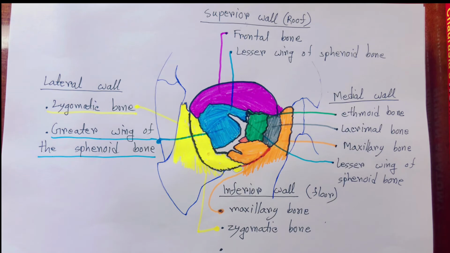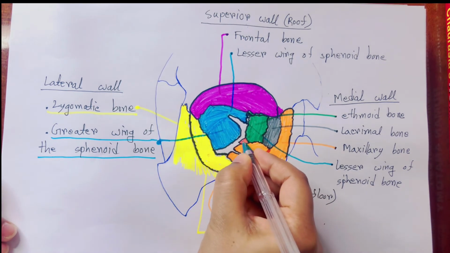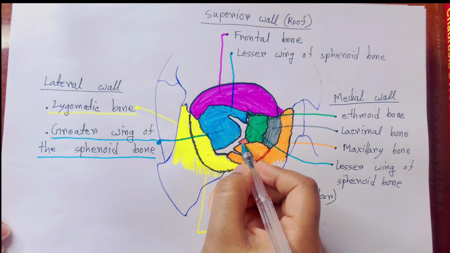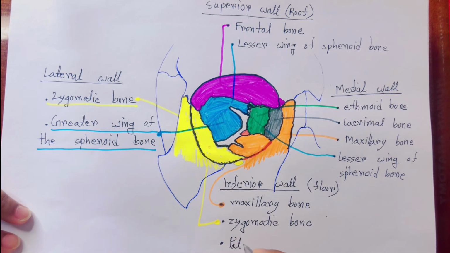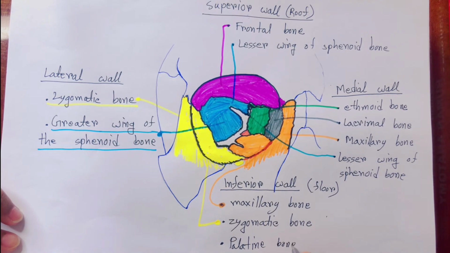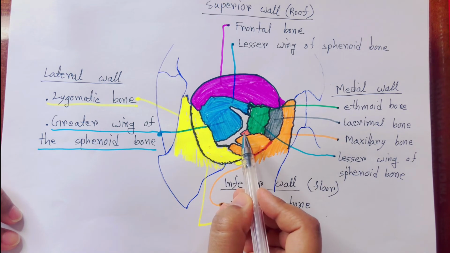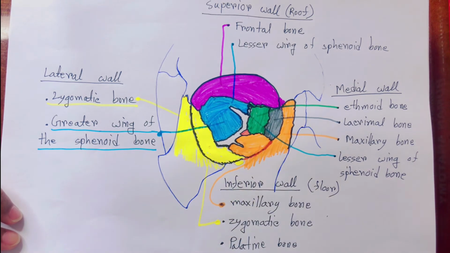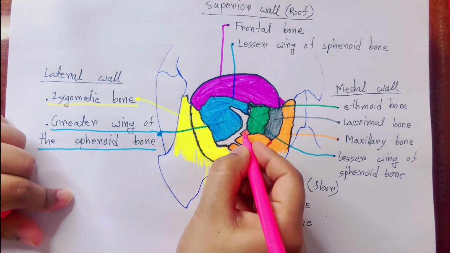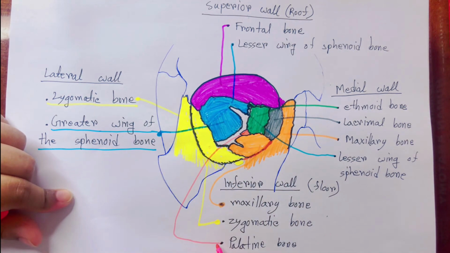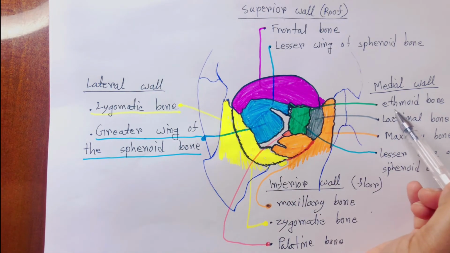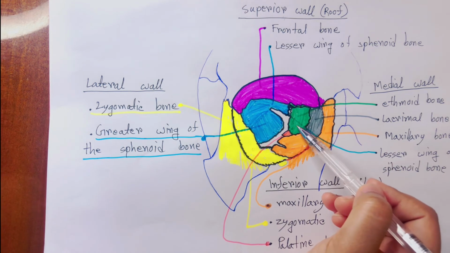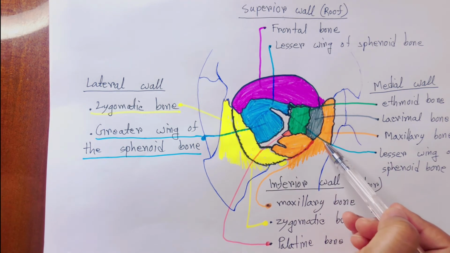And also this pink color bone, a tiny part of the palatine bone posteriorly. So this pink color bone, this is palatine bone.